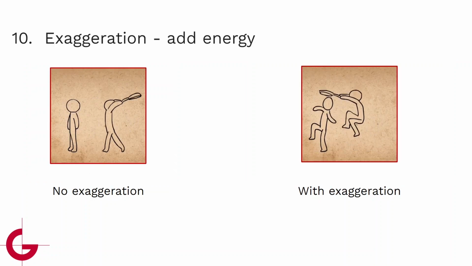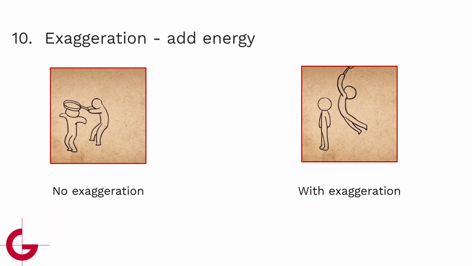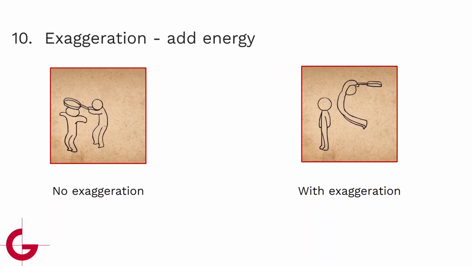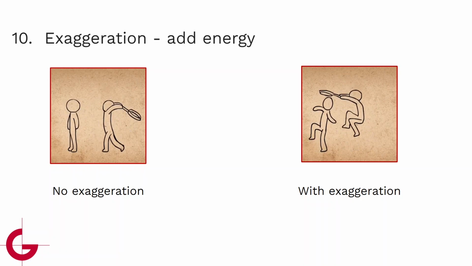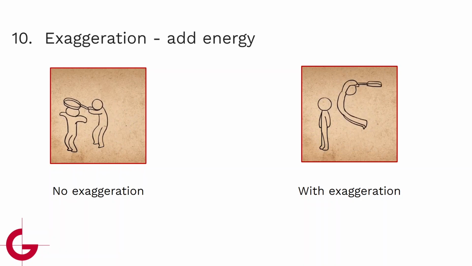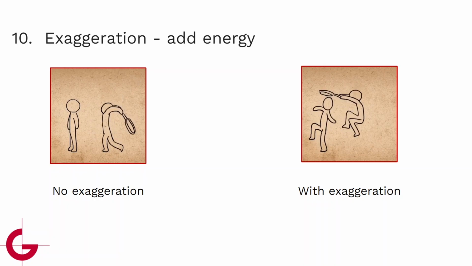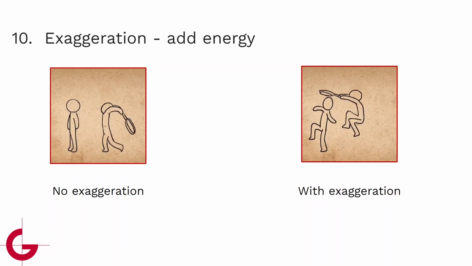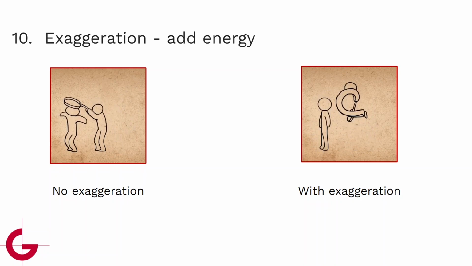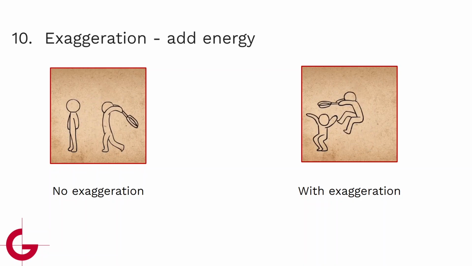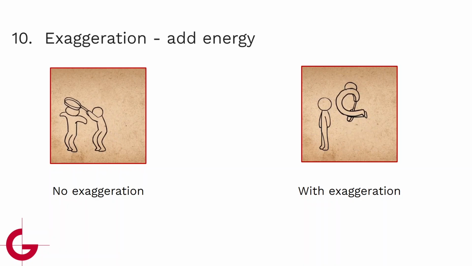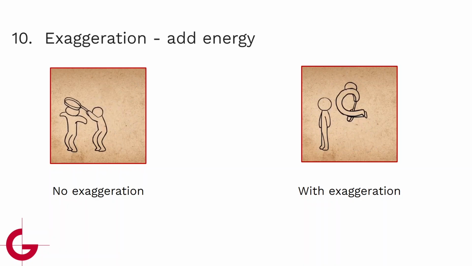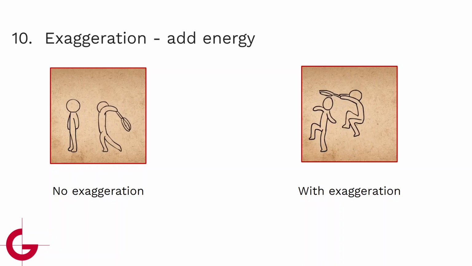Another principle that I want to talk about is exaggeration. If you look at the animation on the left, it's actually pretty good. There's anticipation before the slap, and when the guy on the left gets hit, his head actually squashes a little. So that's also squash and stretch. It is a pretty good animation, but we can make it even better with exaggeration.